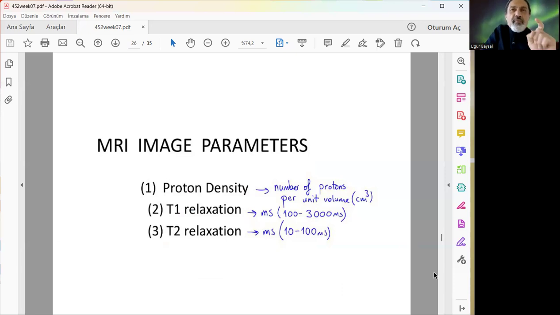Basic things. MR images contain three parameters to be imaged. Remember, older visible light images rely on visible light reflection or transmission.